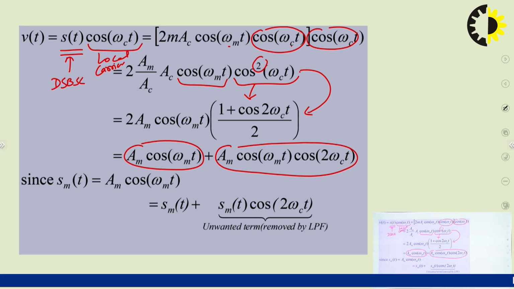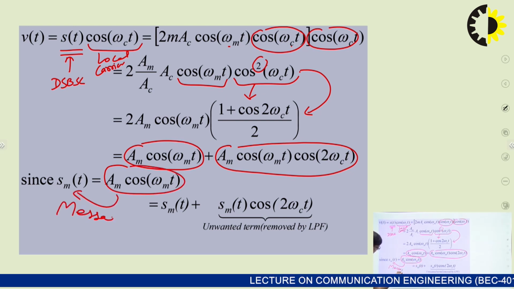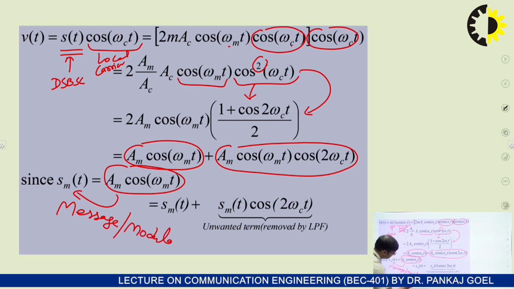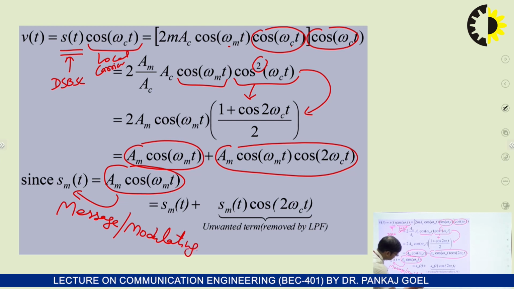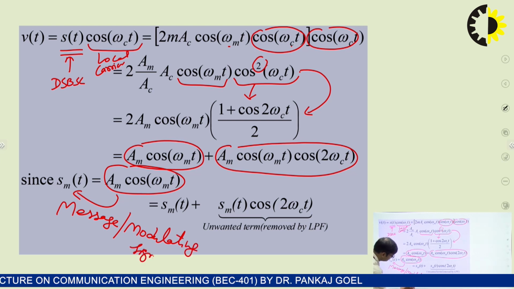Now, we know that this part is our message or modulating signal, which we desire at the receiver end.